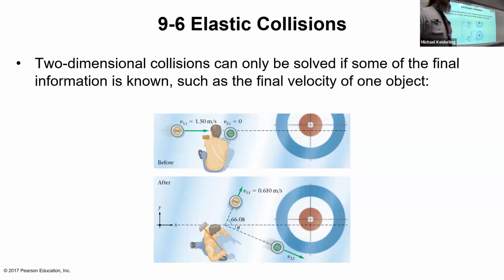So here's an example. Before, you know the initial velocity of this at rest. Afterwards, you know the velocity of one of the objects. You can figure out the velocity of the other object. And you can do this with just momentum, it turns out. You don't actually need kinetic energy. So it can make it easier.